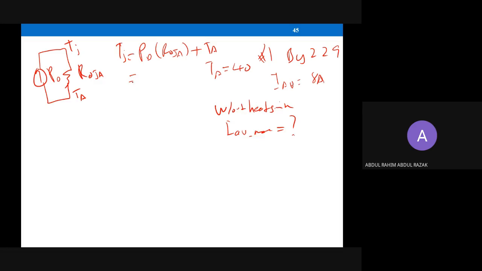Okay, TJ: if you open your data sheet, page number 1, bottom of the table, it mentions the operating junction temperature, also the storage temperature, which is 150. So we try to find out what the PD max is.